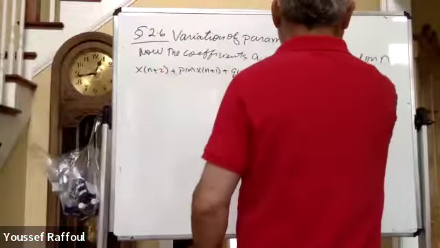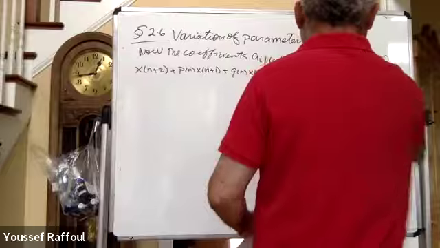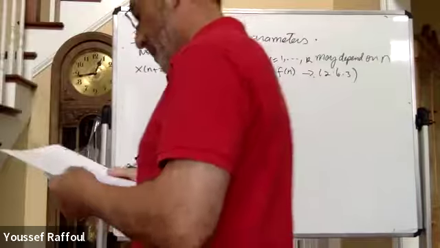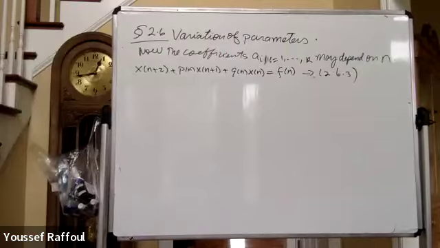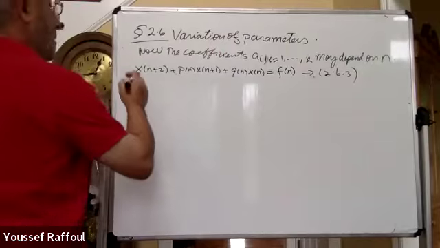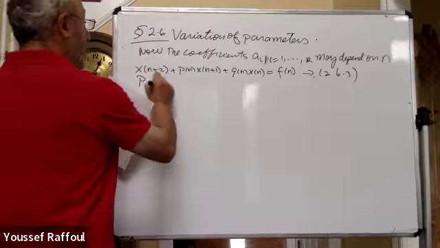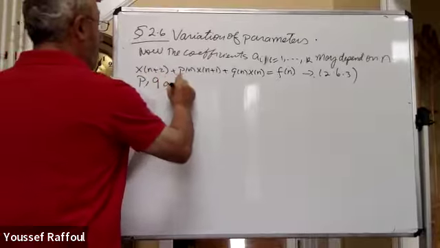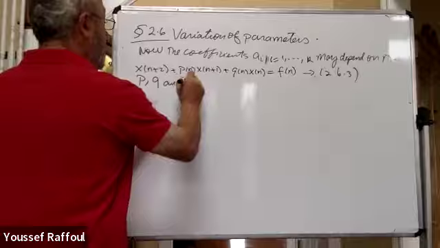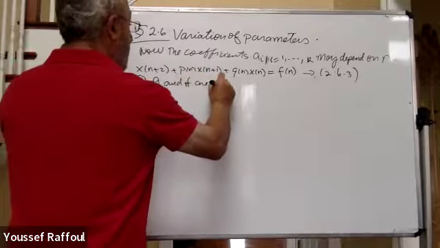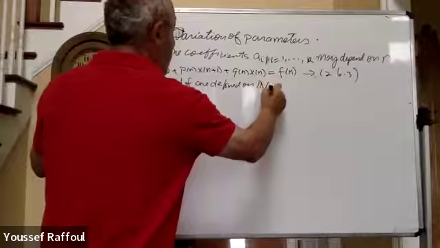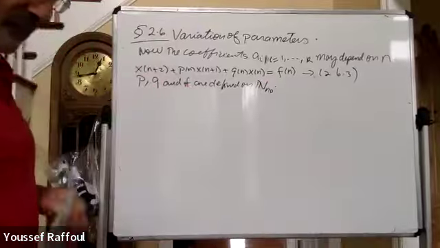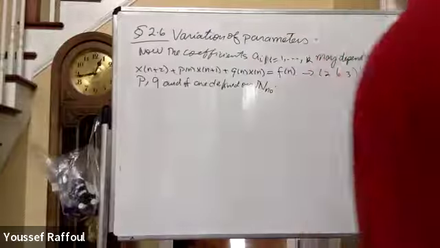That is 2.6.3. So p, q, and f are defined on some set.